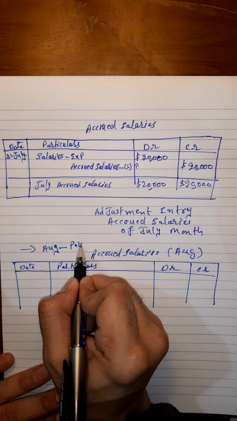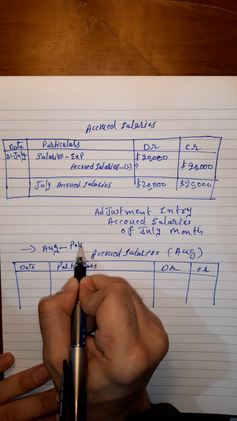This is our ledger. This is debit, this is credit, debit, credit. This is the date column, here particulars, accrued salary.